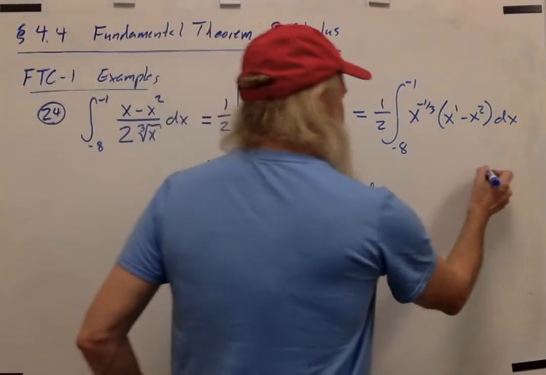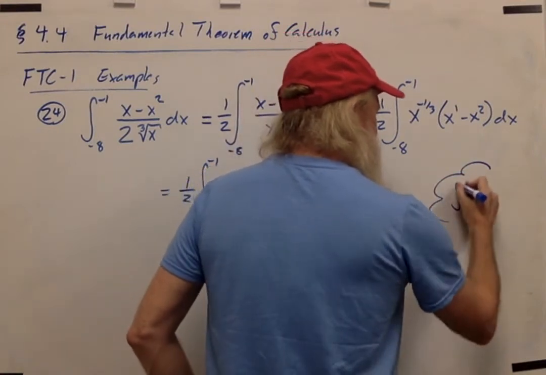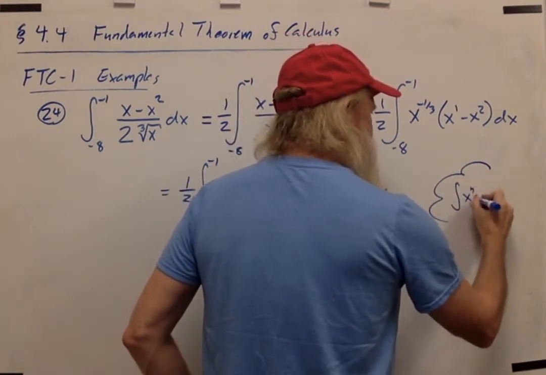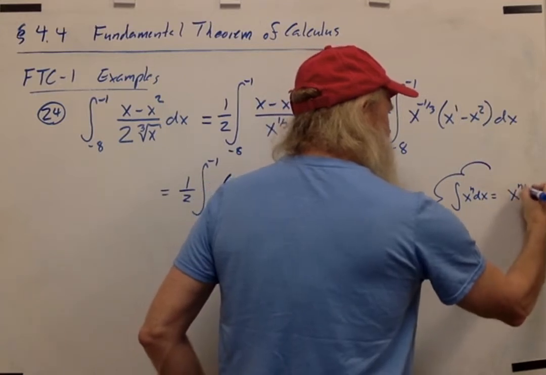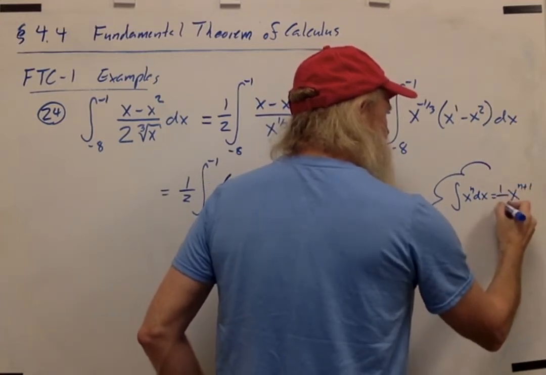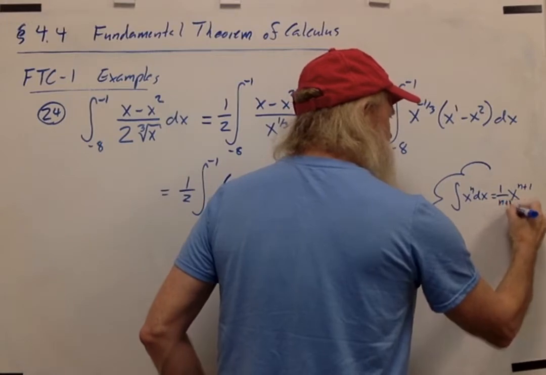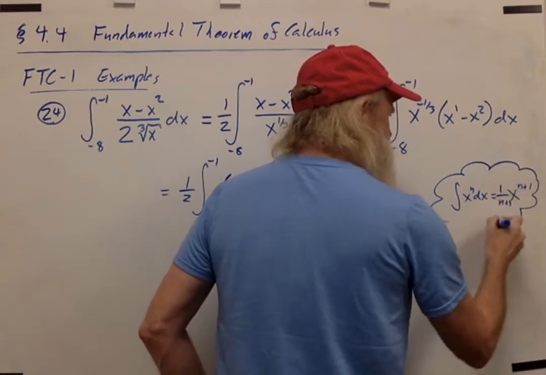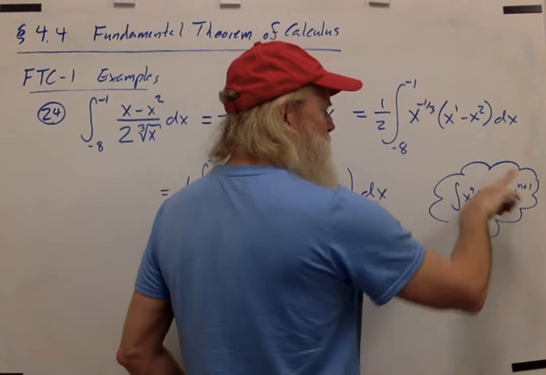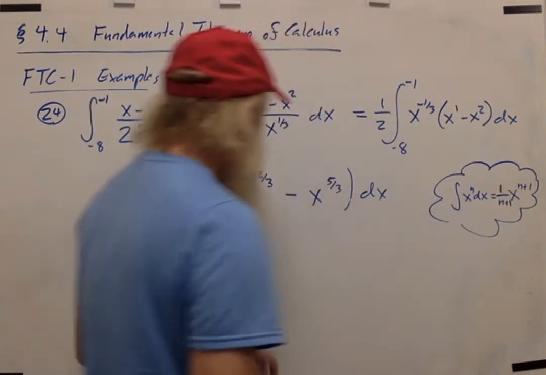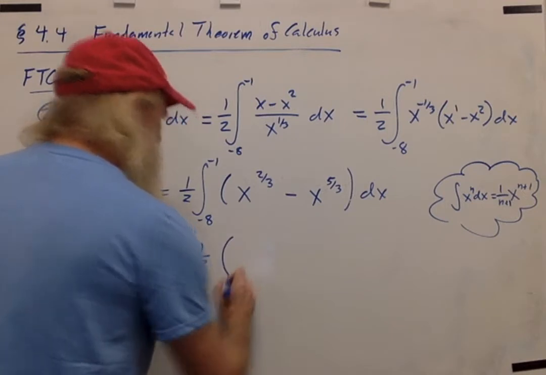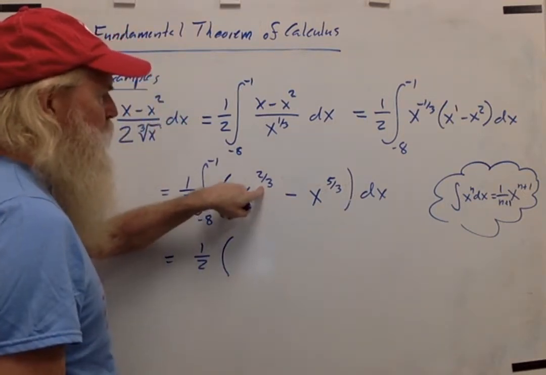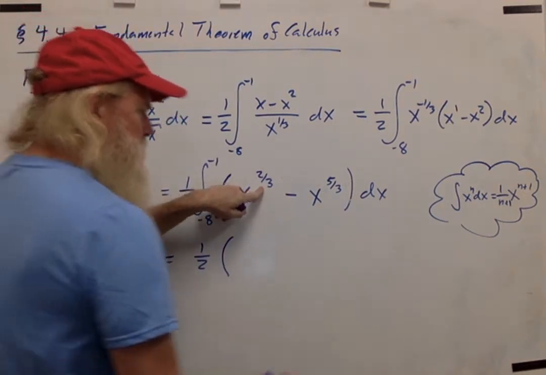So, just to remind you, the antiderivative of x to the n I get by adding 1 to the exponent and then multiplying by the reciprocal of the new exponent. So I add 1 to the exponent and then I put the reciprocal in front. So first of all, I need to take 2/3 and add 1.